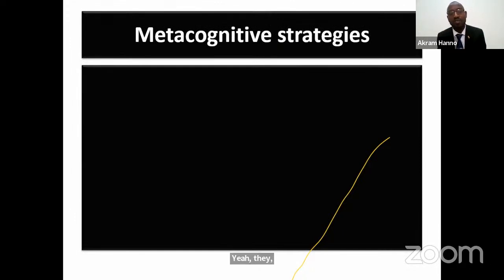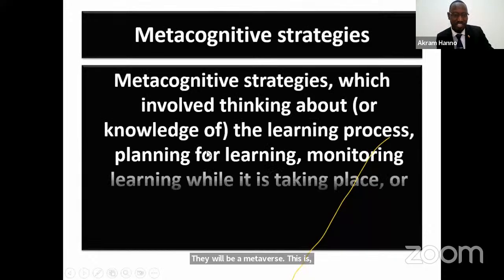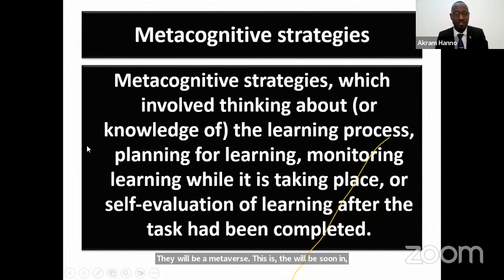The first strategy that we will be talking about is the metacognitive strategy. Nowadays the world is shifting from physical learning to online, virtual learning. There will soon be a metaverse, inshallah, in the field of teaching and so on.